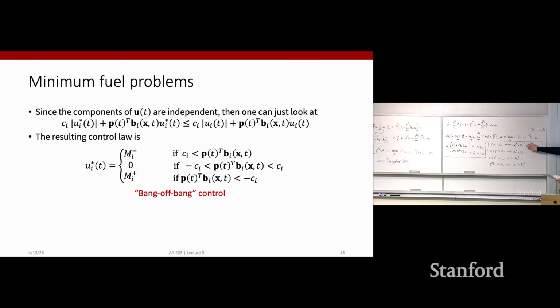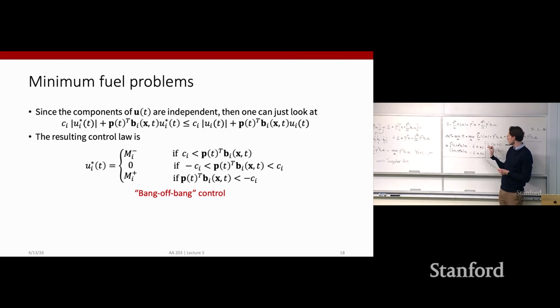You're talking about this case here specifically? Yes. So here, remember that our function we're optimizing is this one here, right? Yes. So it's a function where we have an absolute value. Yes. And so we rewrote it according to these two cases. Now we are doing the case where p transpose Bi is greater than Ci, and we want to find the minimum across both of these values, right?